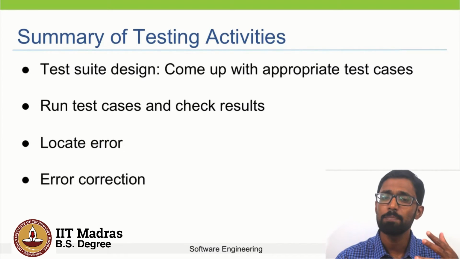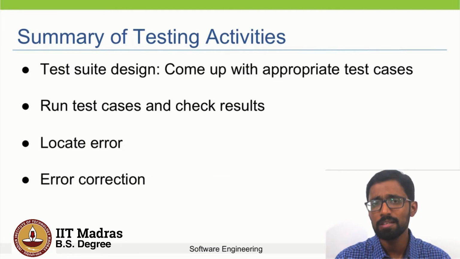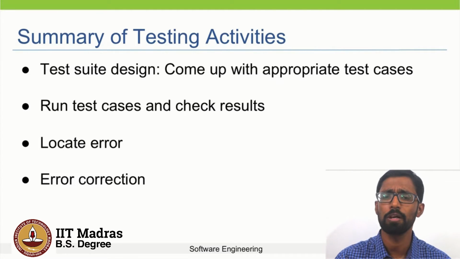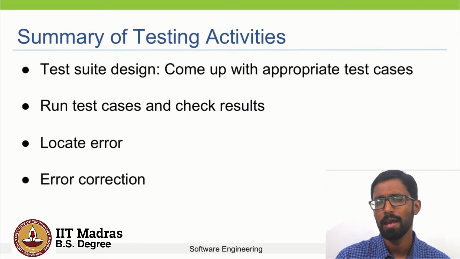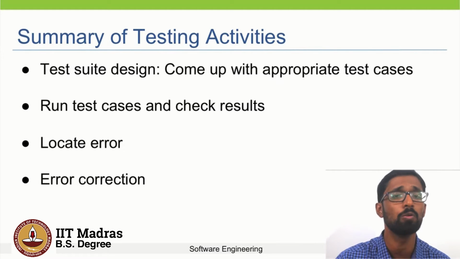And if there is a mismatch between the expected results and the seen results, that indicates a failure. And these failures are noted down, maybe for debugging later. And this is usually done by a tester and reported to the concerned developer. And many a times the tester and the developer are the same, right? So the developer who writes the program is the one who tests it as well.